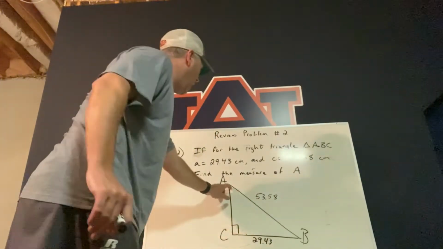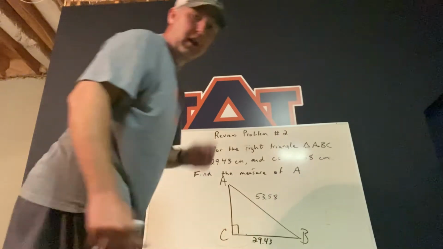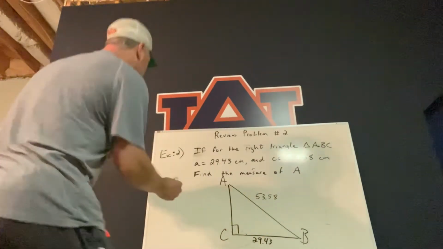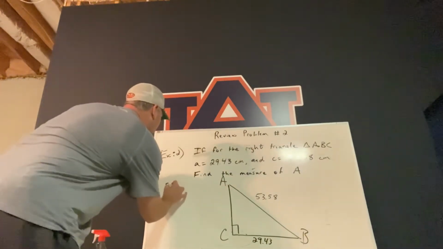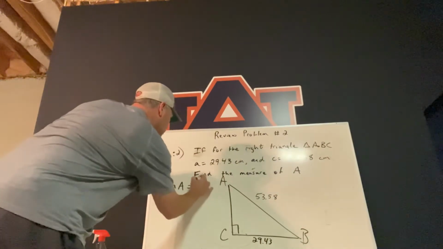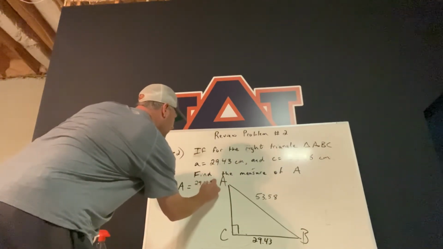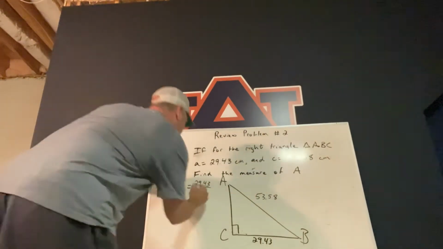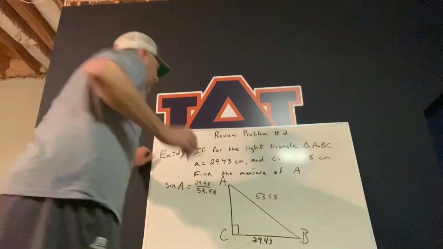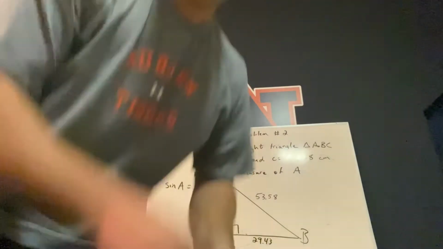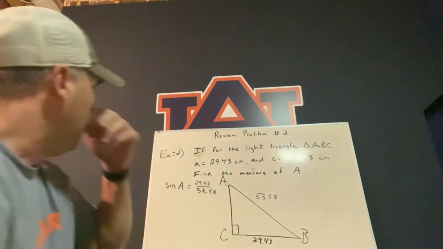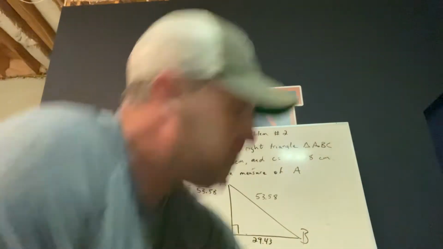Opposite over hypotenuse, that's sine. So sine of A is equal to opposite, which is 29.43, divided by hypotenuse, 53.58.